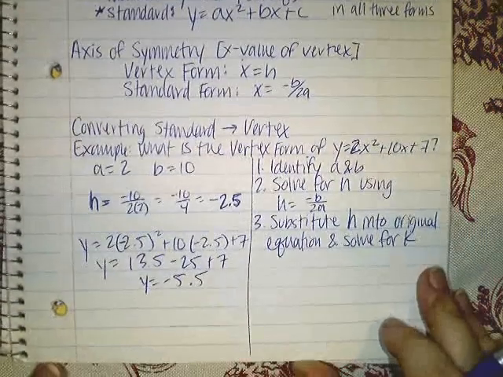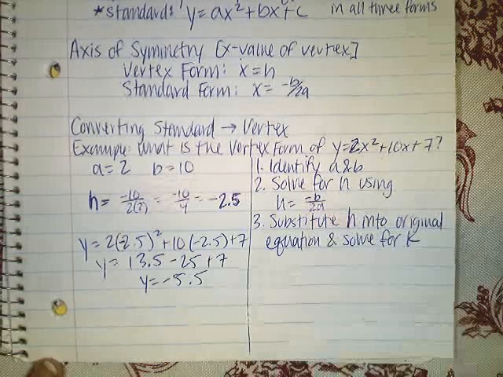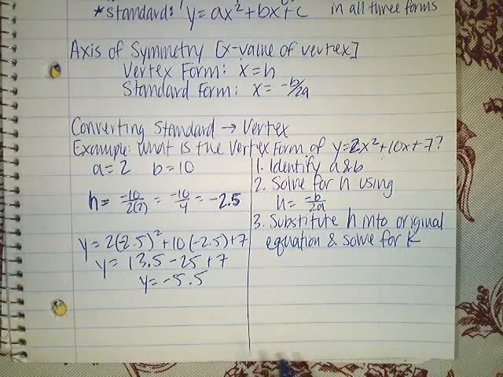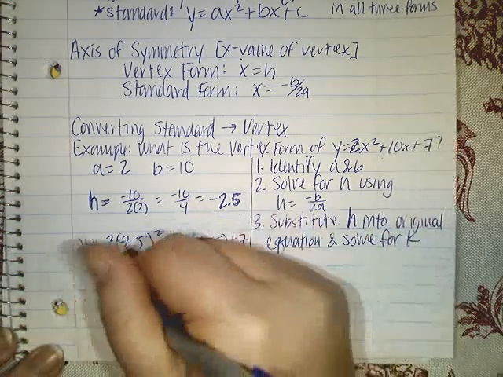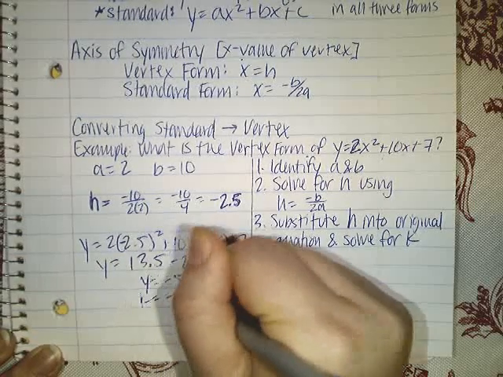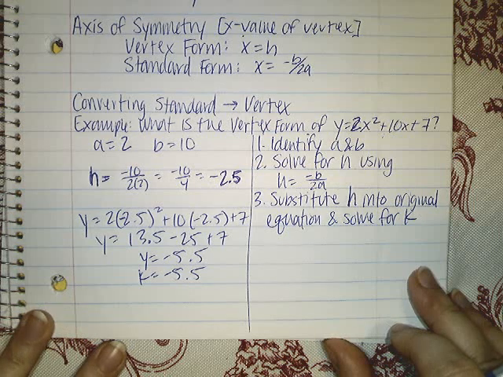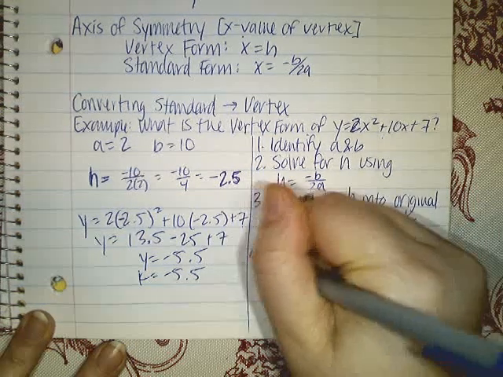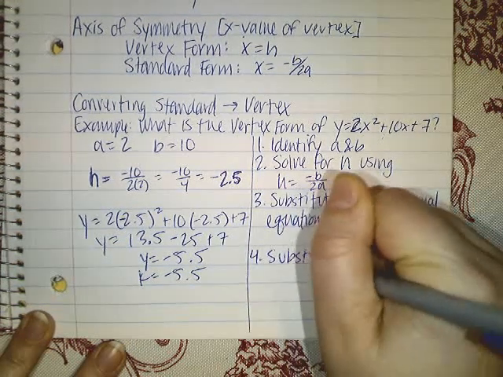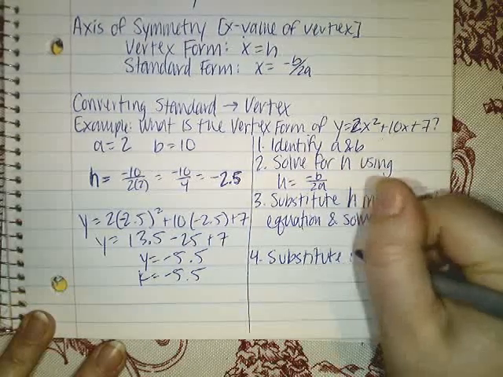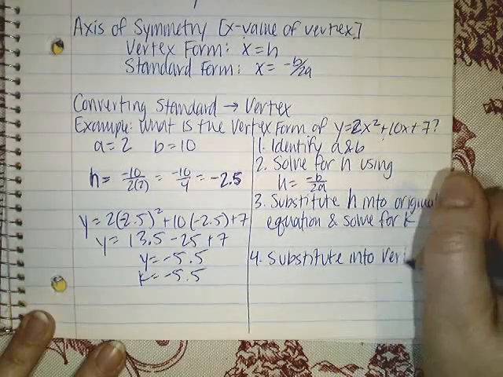If you want to double check my computation, by all means. So y, or k, equals negative 5.5. My last step is to substitute into vertex form.